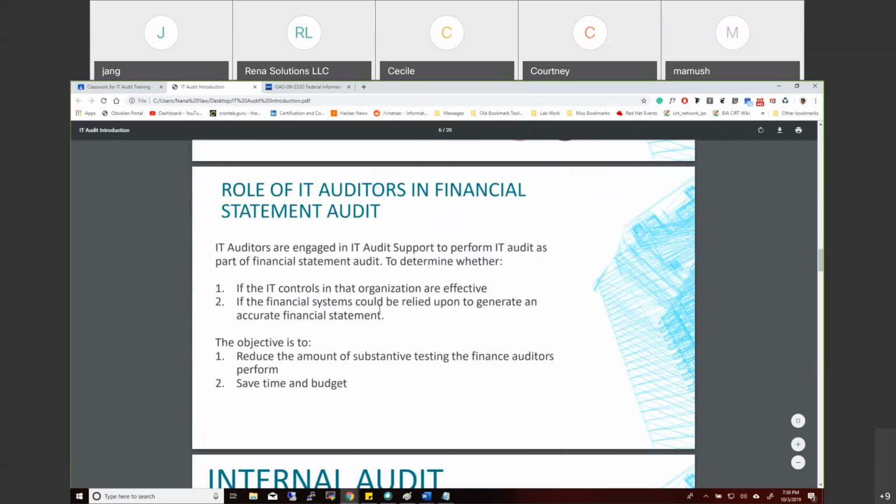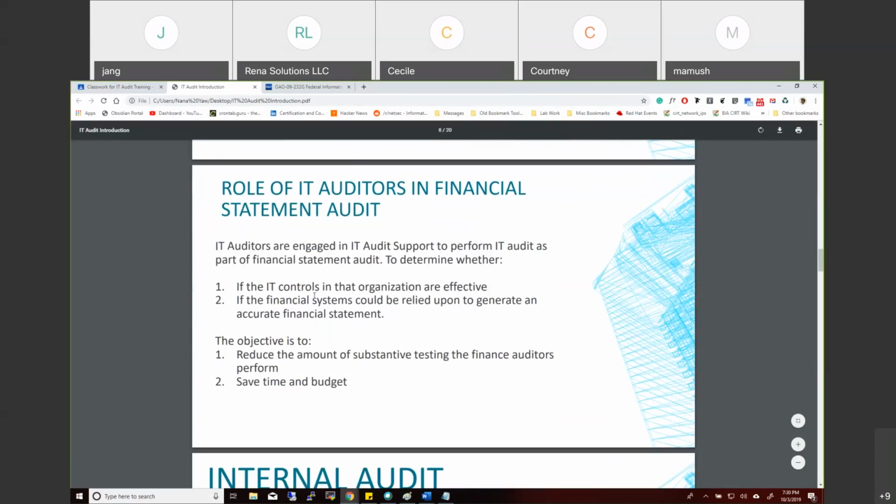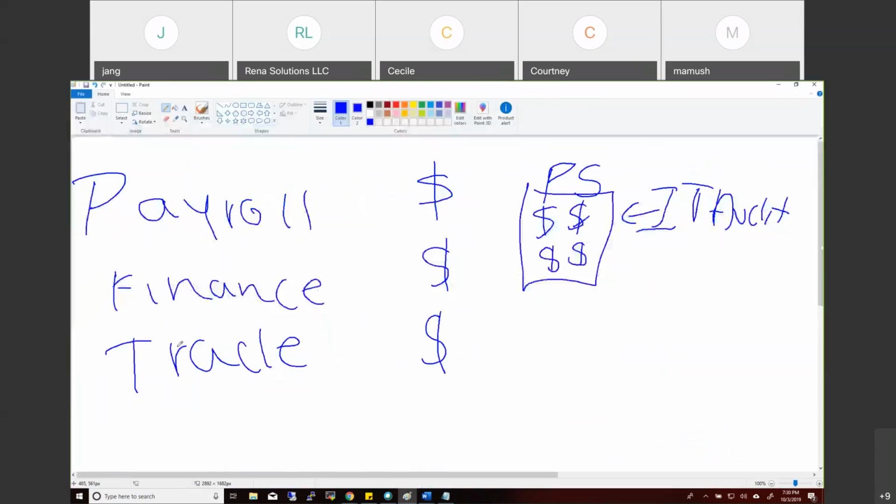We covered the role of IT auditors in a financial statement audit. So going back to this, we IT auditors come in to audit the financial systems that are generating these numbers that the financial auditors are looking at. We audit the system and we give them assurance that the system is secure and can be trusted.